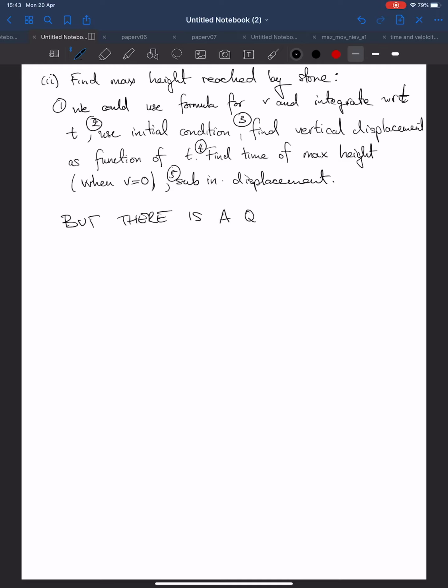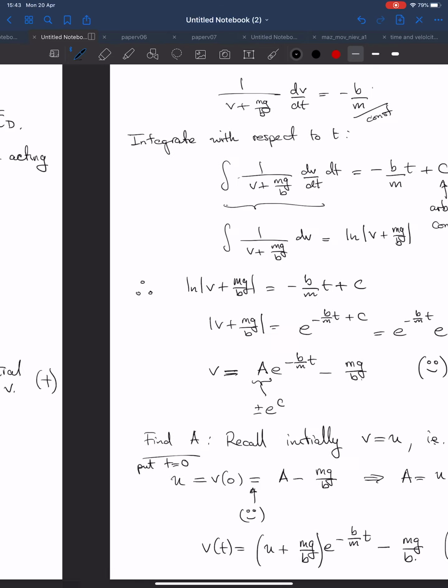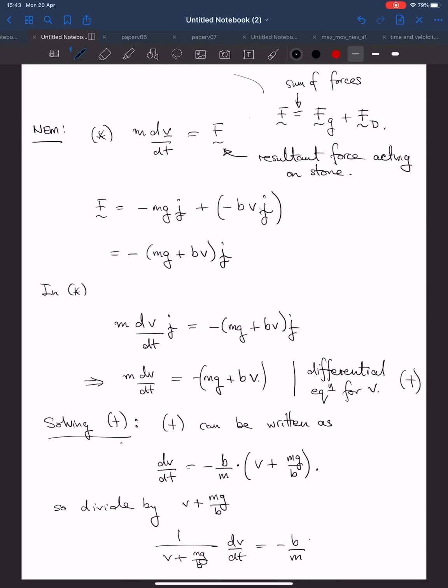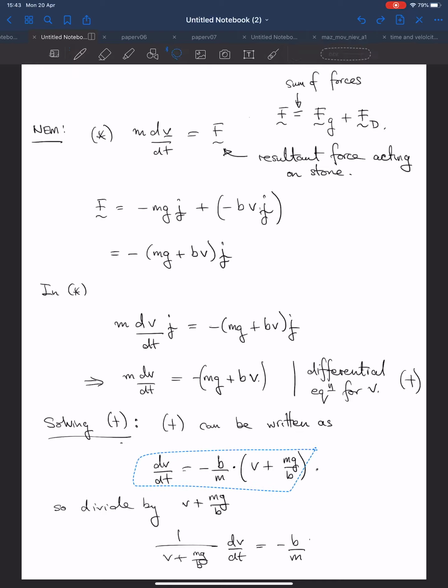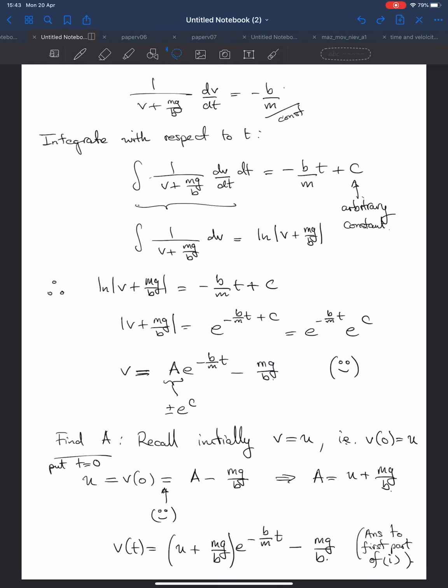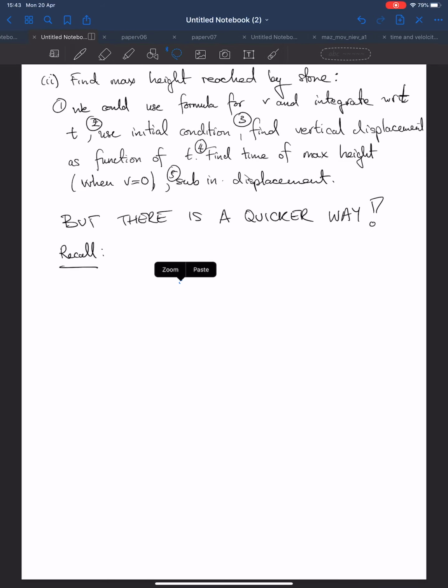Remember, what we did with Romeo and Juliet was to use related rates. So let me show you the quicker way. Recall that you have this equation. Now, on the left-hand side, I have the acceleration.